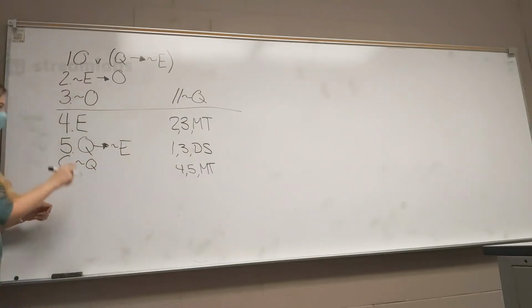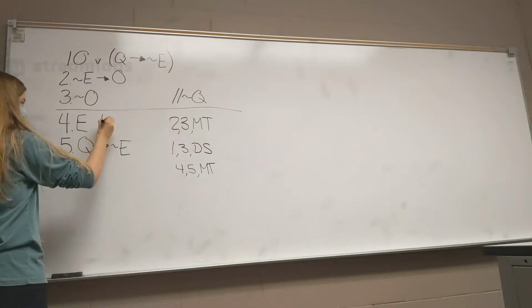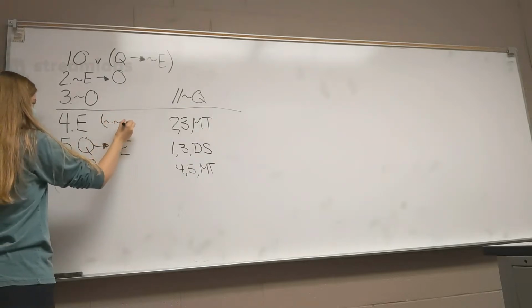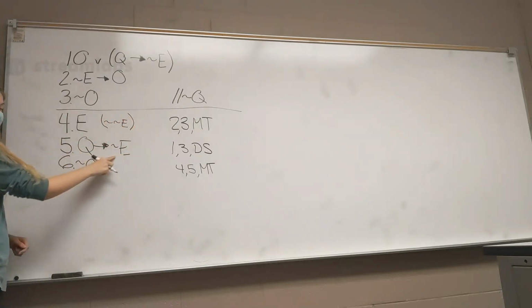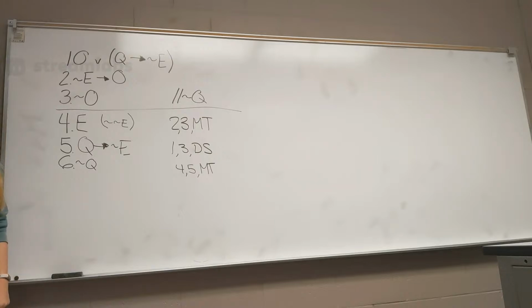Nice, good. And that makes sense because this is also, we'll think of it as not E, if that helps you visualize that. Does everybody see why that makes sense, the double negation thing? Does anybody not get the double negation stuff? I'm a little lost on it. Okay, so if I say to you, it's not the case that it's not raining today, what's that mean? That it's raining. Right?